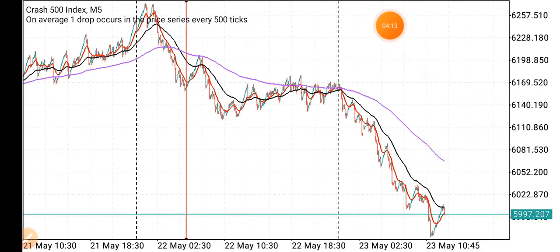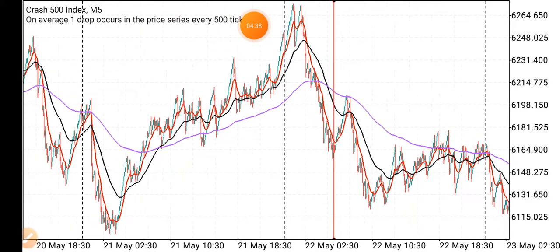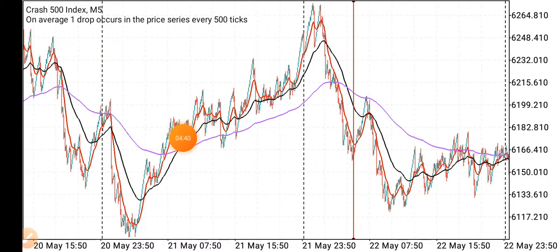I'm only going to be looking for sell opportunities. For crash, we're going to be looking for sell opportunities using this strategy, whenever the EMAs cross to the downside. And for boom, we're going to be using this strategy to buy, so we're going to be waiting for confirmation for these EMAs to cross to the upside, as in here.